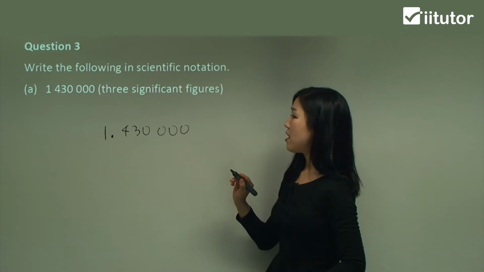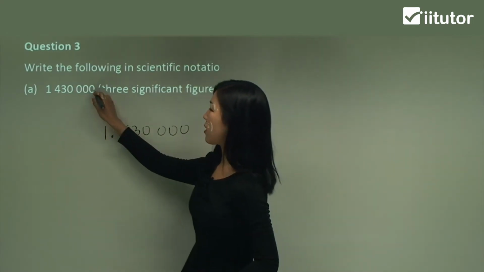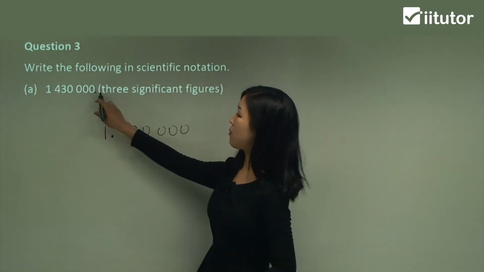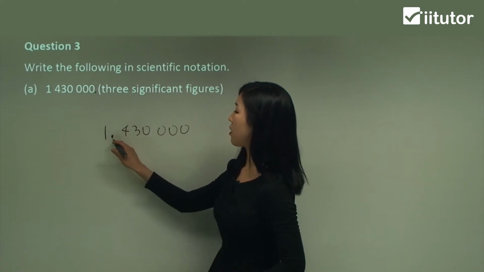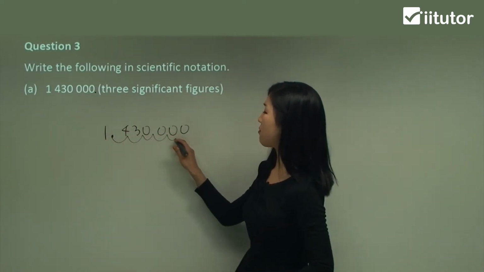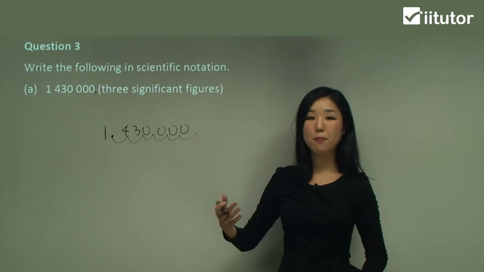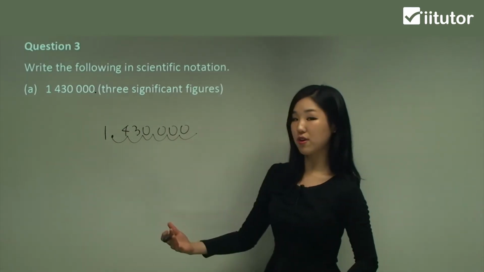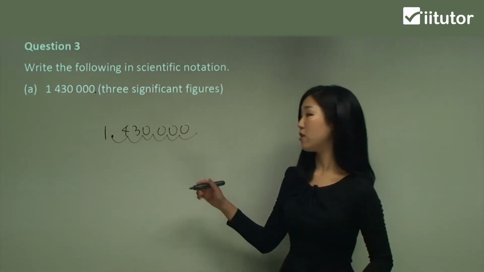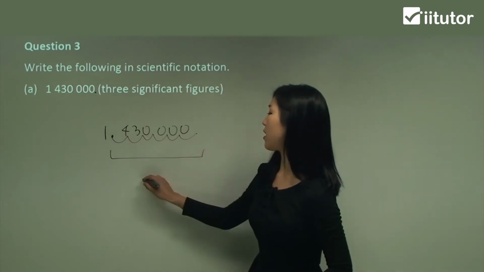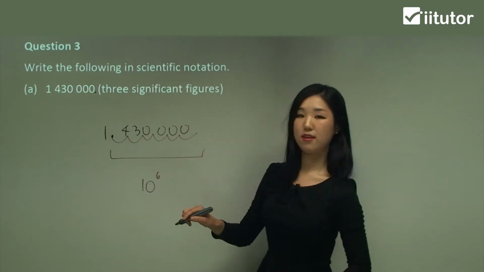Okay, but the decimal on the original number is here, isn't it? The decimal number is there, so what we do is we go 1, 2, 3, 4, 5, 6. We have to multiply by 6 times of 10 to get back to the original spot. So this part will become 10 to the power of 6, yeah?